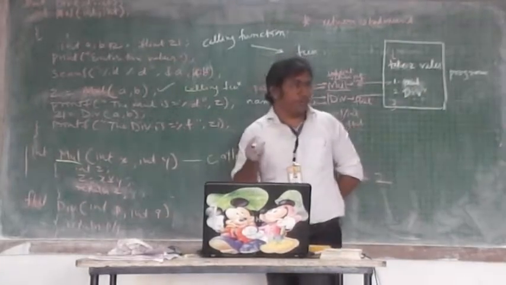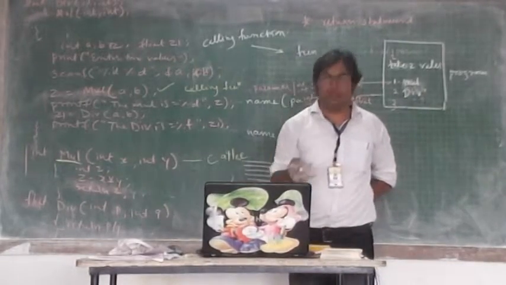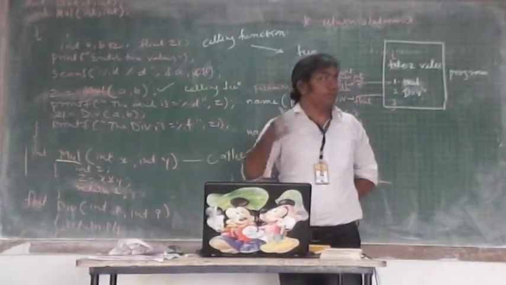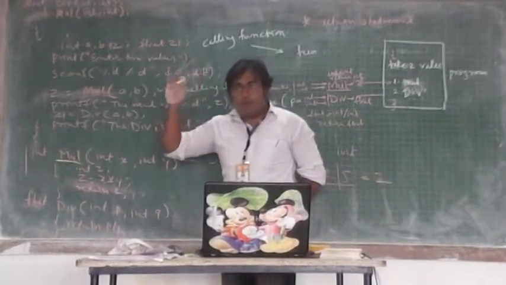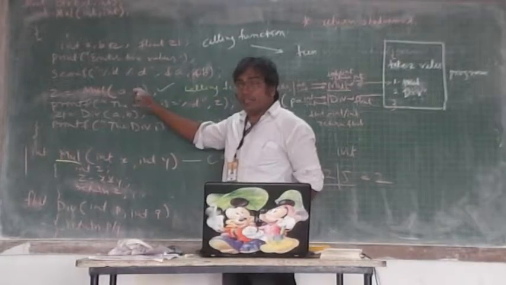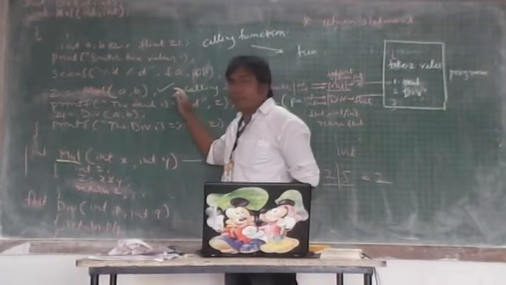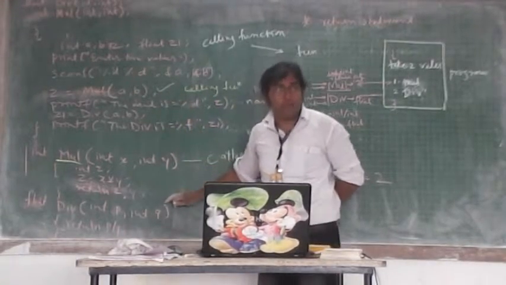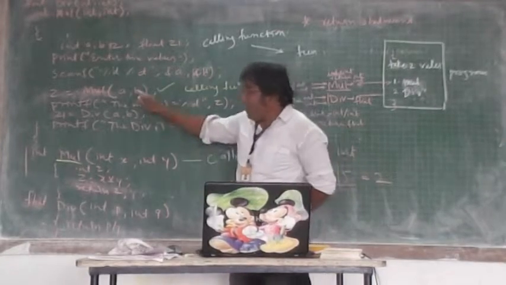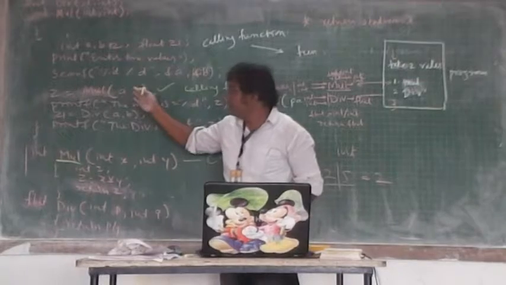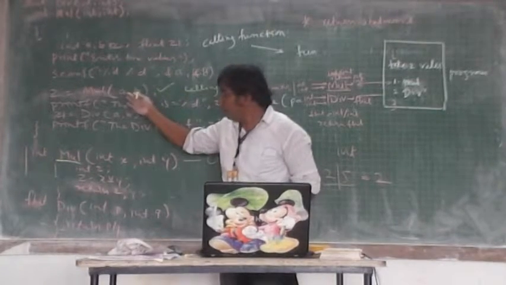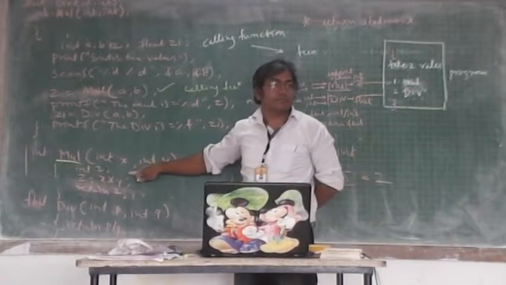You can also say callee, or the function being called. So see, the moment control is transferred from the calling function to the called function, the actual parameters get transferred to the formal parameters.